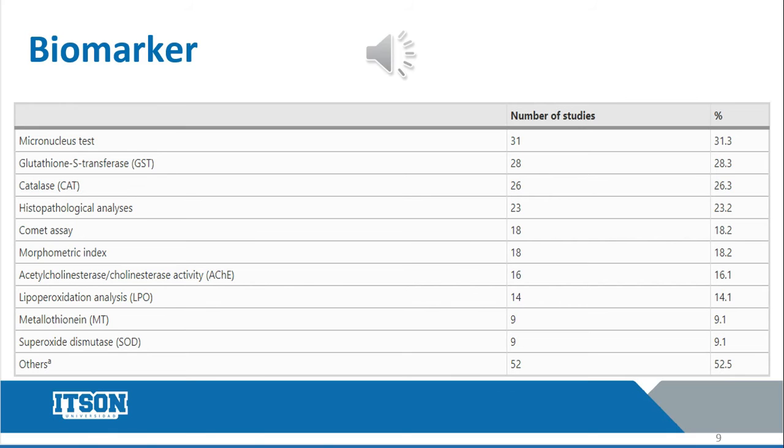The number of studies in total is 52, and the percent is 52.5. On the next pages you can see the importance and how they worked in the studies.